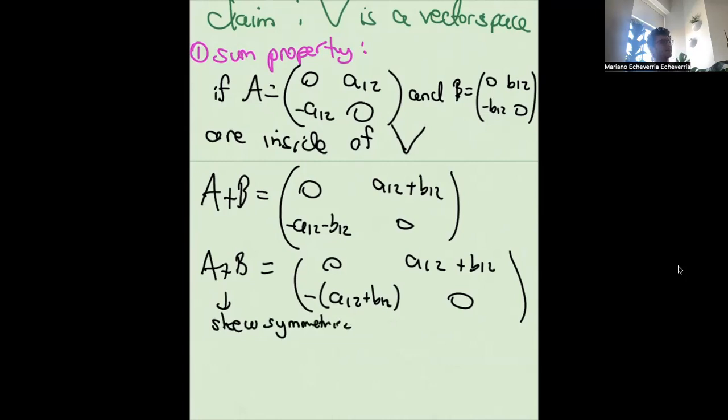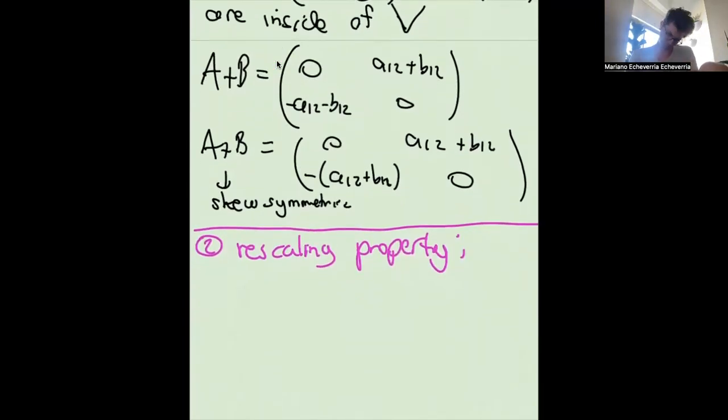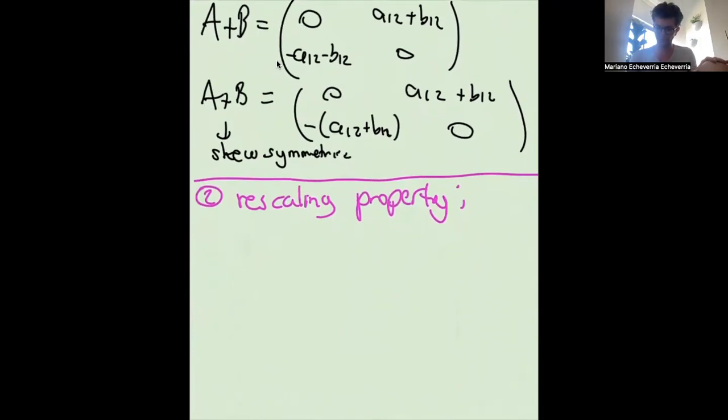Okay, does that make sense? And then the second property is the rescaling property. So what does it mean to take the rescaling property?